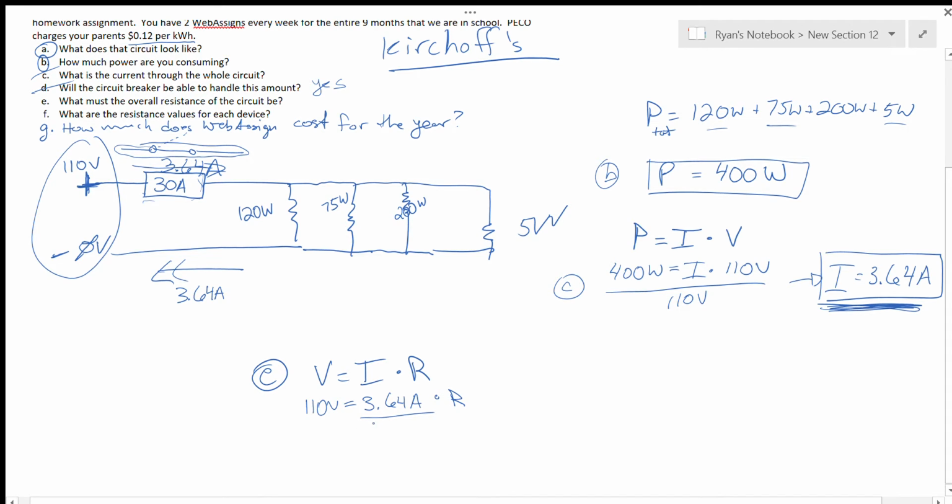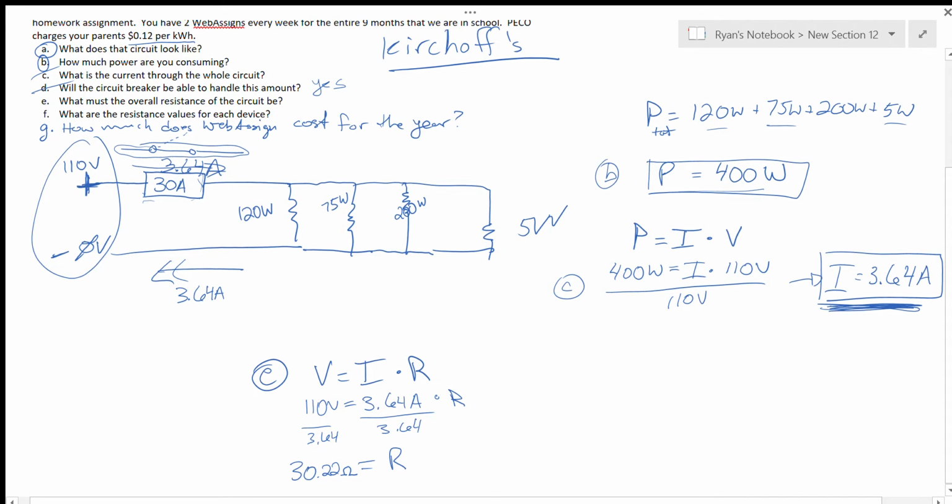So if I divide 110 by 3.64, I find that the resistance of the entire circuit is going to be equal to 30.22 ohms.